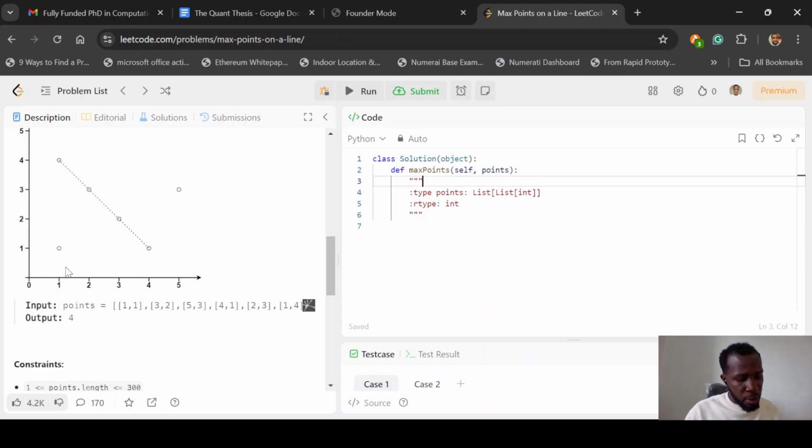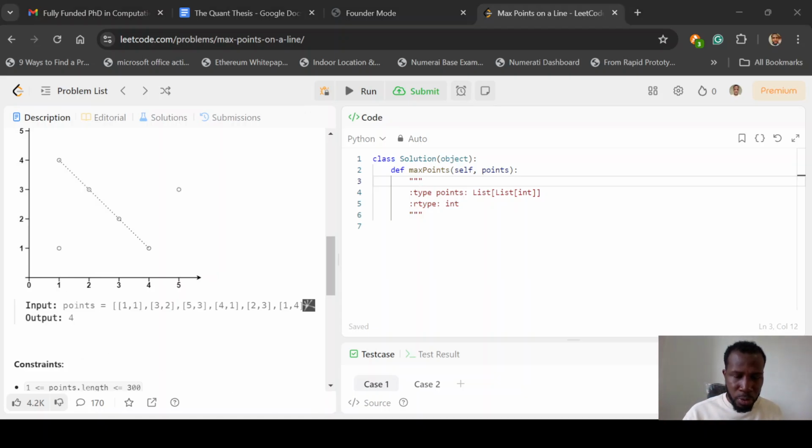So it's not going to be like minus 1 over 1, minus 2 over 2, minus 3 over 3. All of them will be reduced to minus 1 over 1. So we're going to use the greatest common divisor function to reduce all our slopes, so we can compare which ones are similar, and then keep them in a dictionary, a hash table.